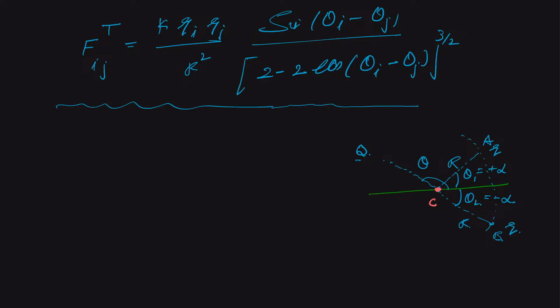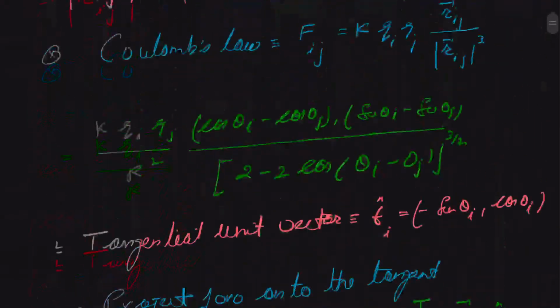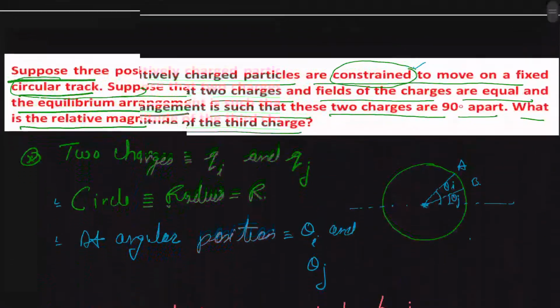further solve it. An important part is that everything is in equilibrium. Okay, so basically in the question it is given that the electric fields at A and B are in balance with each other. Okay, this statement is important here.